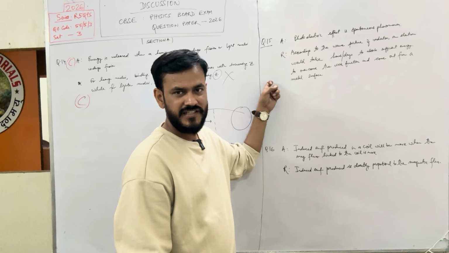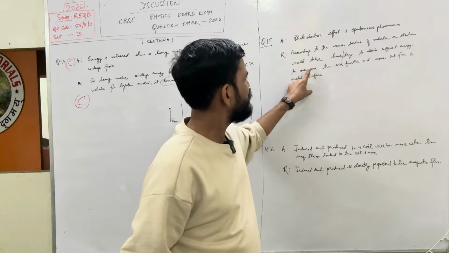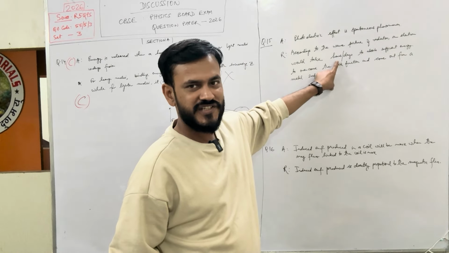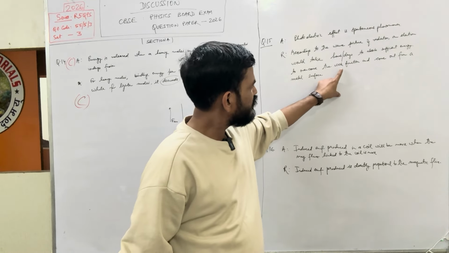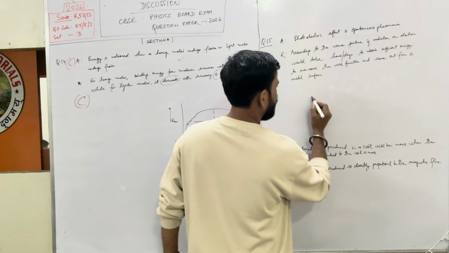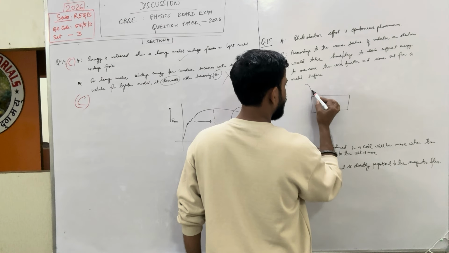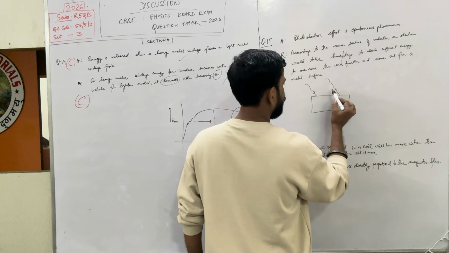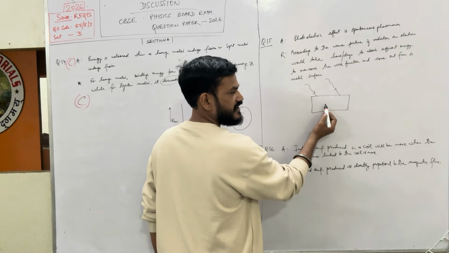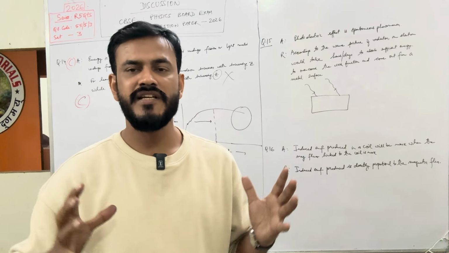So you see, the reason says, according to the wave picture of radiation, an electron would take hours or days to absorb sufficient energy to overcome the work function and come out of the metal surface. Now you see the wave picture. The wave picture says when a wave arrives on the metal surface, all of the electrons will start absorbing energy.